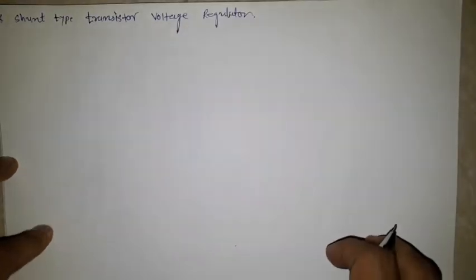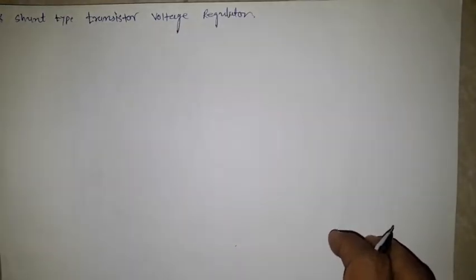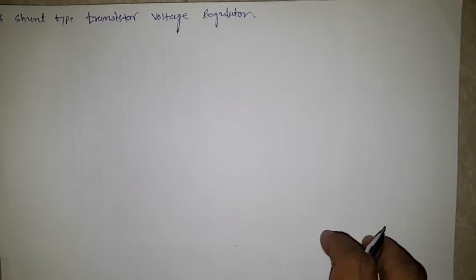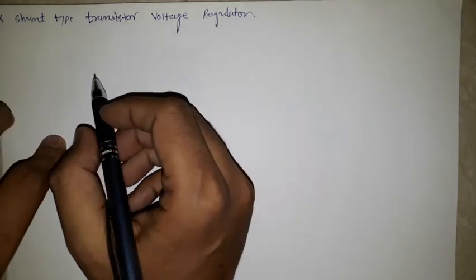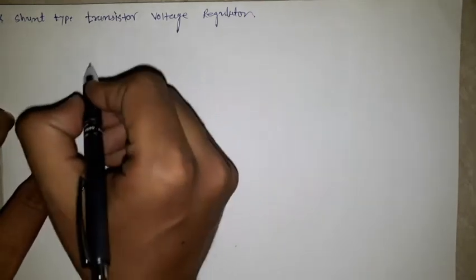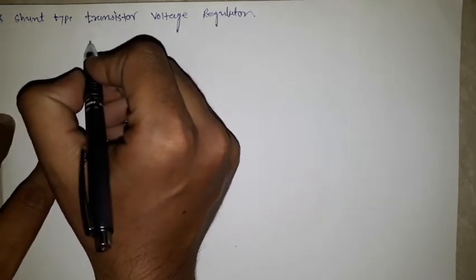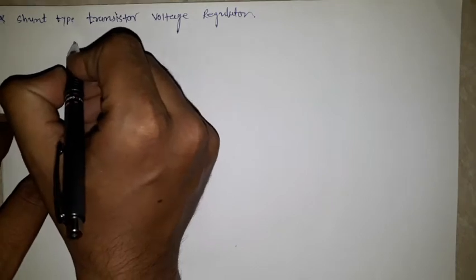Okay. So, first of all, we will draw the circuit diagram for this transistor voltage regulator. Here we can draw this type.